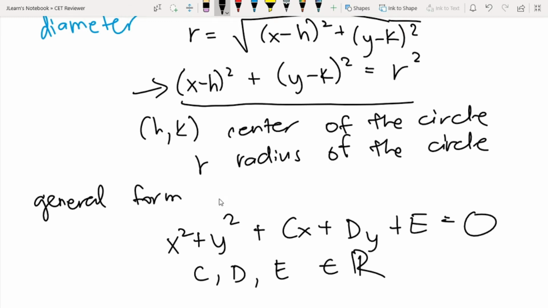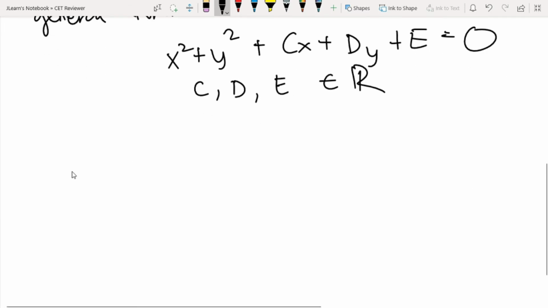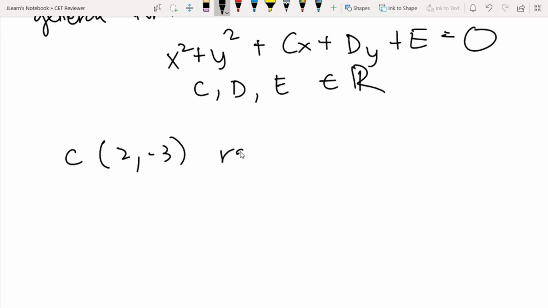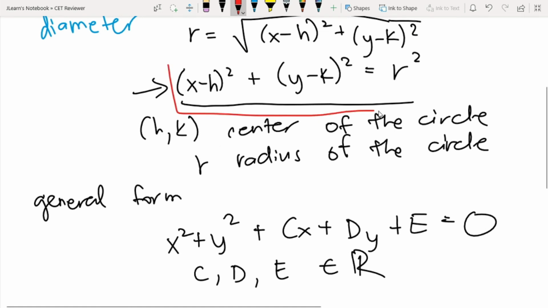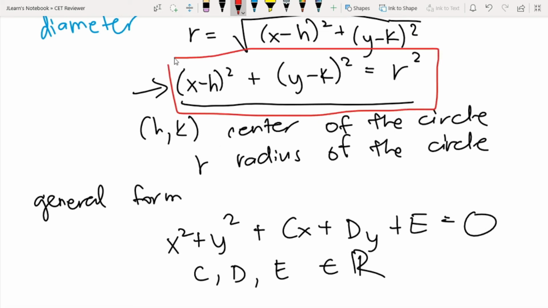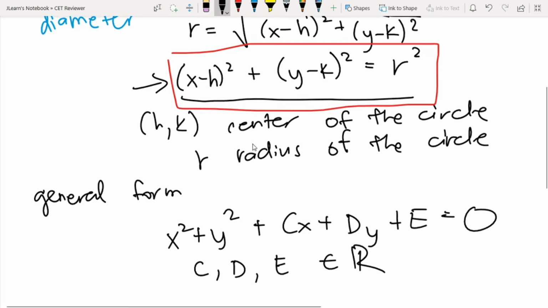So, let's do a very short example. So, kunyari, sabi sa atin na hanapin daw natin yung equation ng circle with the center at, let's say, 2, negative 3, and meron siyang radius na equal sa 5. So, gamitin lang natin yung center radius form, no? X minus h squared plus y minus k squared is equal to r squared.